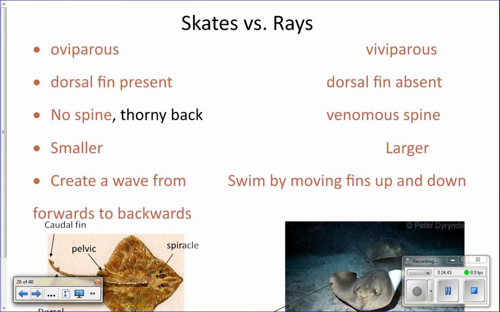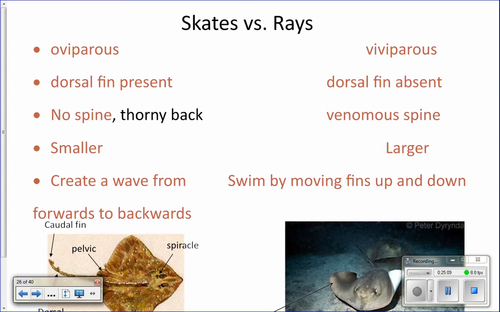Okay, so what is the difference between a skate and a ray? This is your chart in your notes. Skates are on the left, rays are on the right. Skates are oviparous, meaning they lay eggs. And rays are going to be viviparous, so they're going to give live birth, and the mother is going to directly nourish the young.